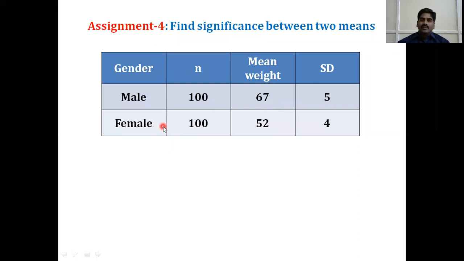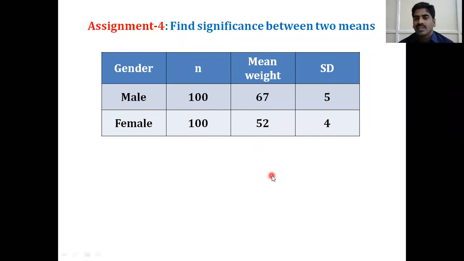And in the case of females, mean weight is 52, and here the sample size also 100 with a standard deviation of 4. There are two different groups. The grouping variable is gender. Is this difference statistically significant or not? You can do it. This is assignment number 4.